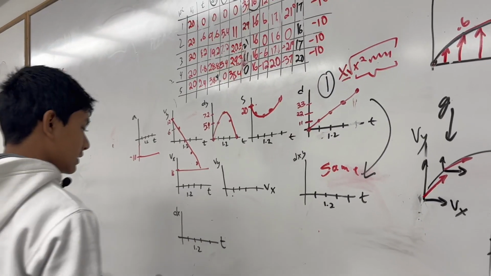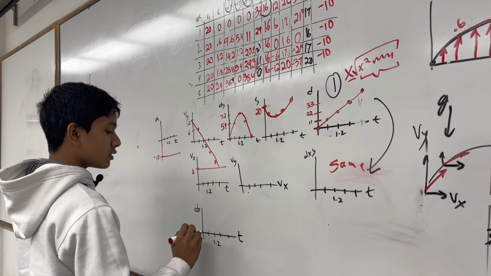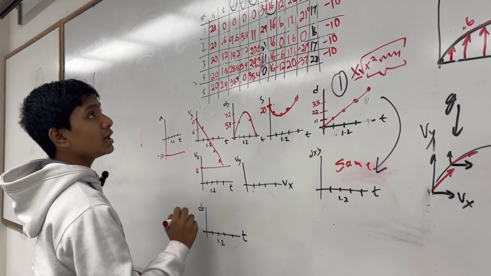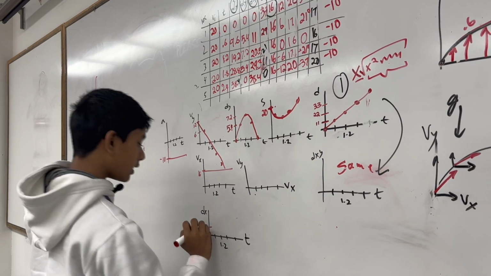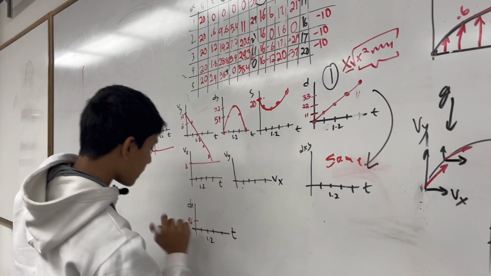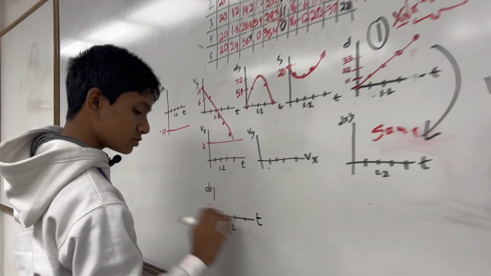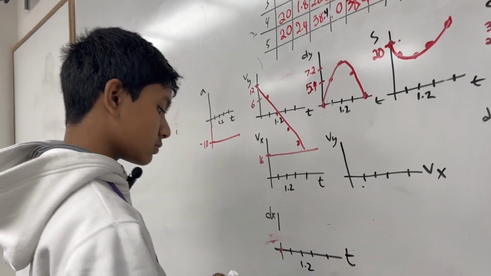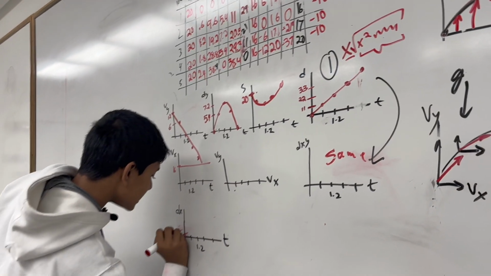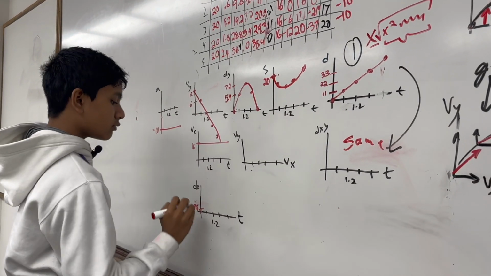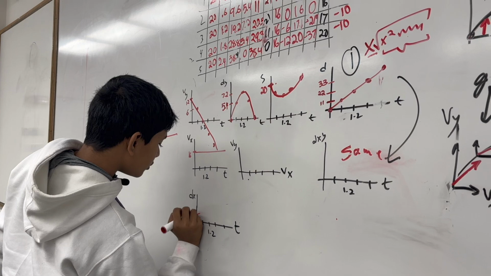And dxt is just going up linearly. So at 0, it's 0. At 0.6, it's 9.6. At 1.2, it's 19.2.